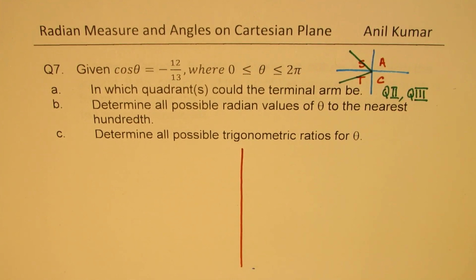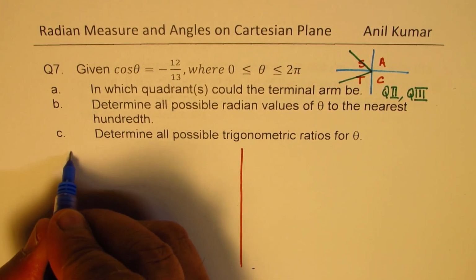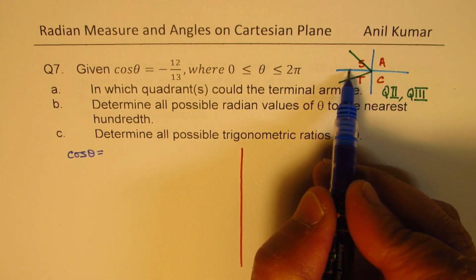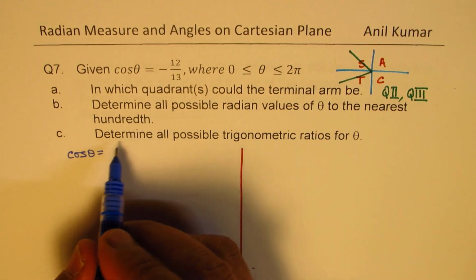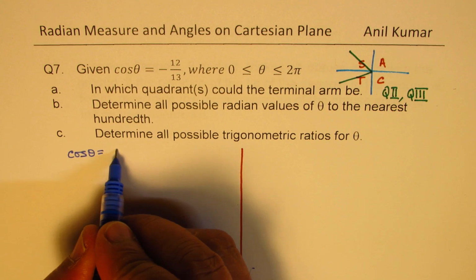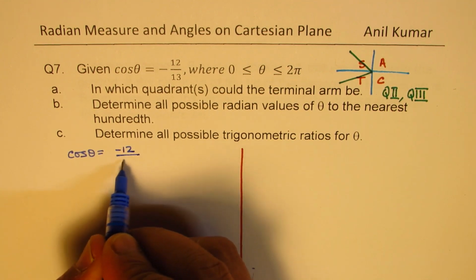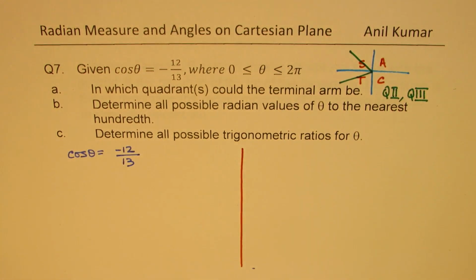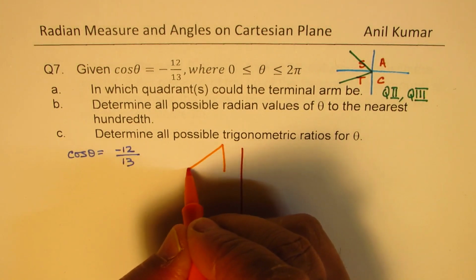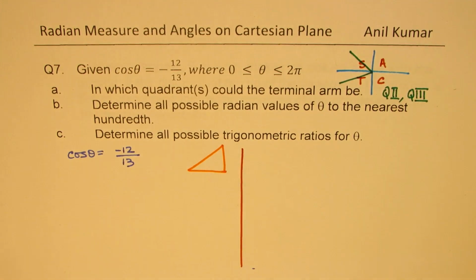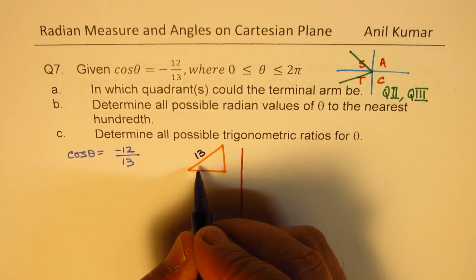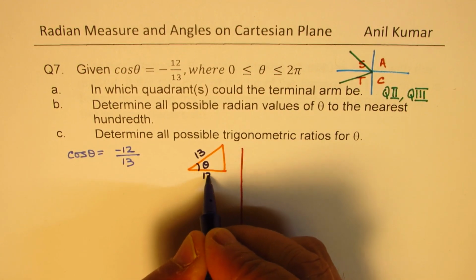So now, based on this, let's try to solve this. So we have cos theta equals, if I consider this to be in quadrant 2, cos is equal to minus 12 over 13, right? So basically, we are looking into this particular triangle. Let me make a triangle here. We'll keep all sides as positive as we should. So 13 is the hypotenuse, and if this is the angle theta, 12 is this side.